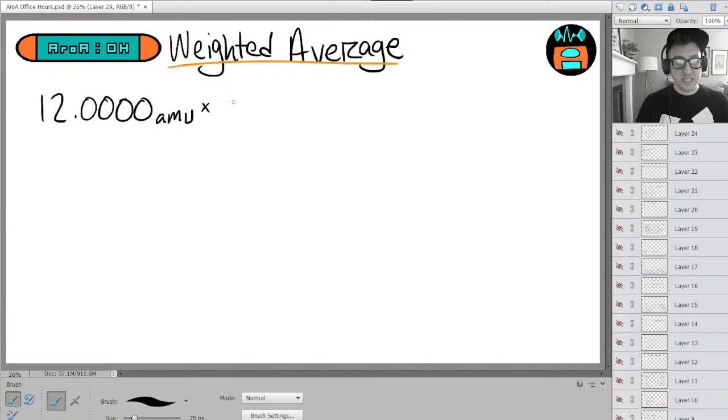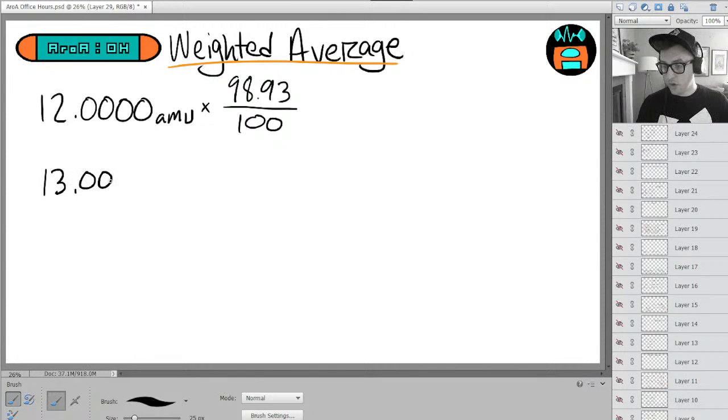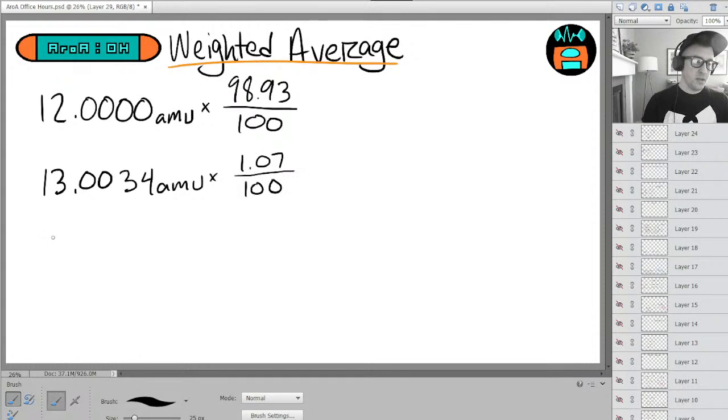And we're going to multiply this by its percent abundance, which is 98.93 over 100. We're going to do the same for the isotopic mass of carbon-13, which is 13.0034. We need to multiply this by its percent abundance over 100. And then we're going to do the same for carbon-14.